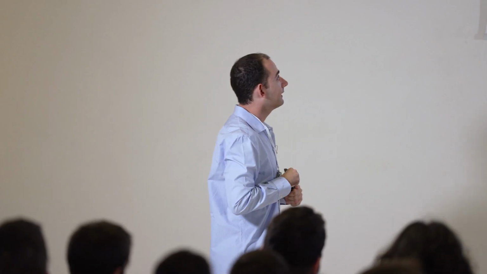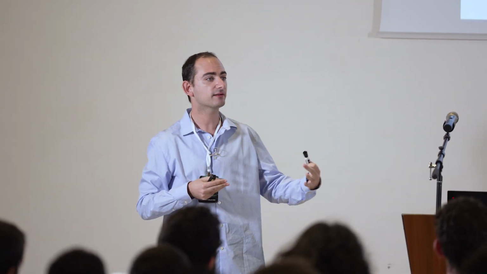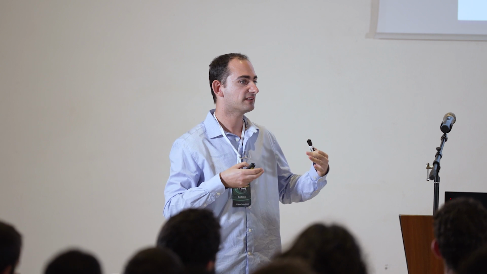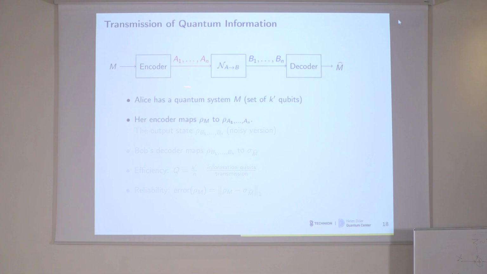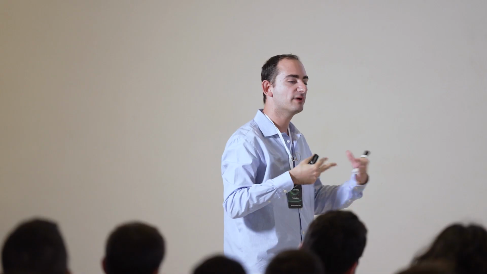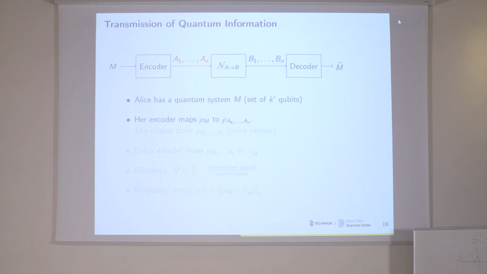Now, I mentioned in the first part of this tutorial that there is another interesting question of sending quantum information. Here Alice has a system M that has the state rho M, and we think of this state as a quantum message that we want Bob to recover. Again, there are encoding mappings, and then Bob decodes.